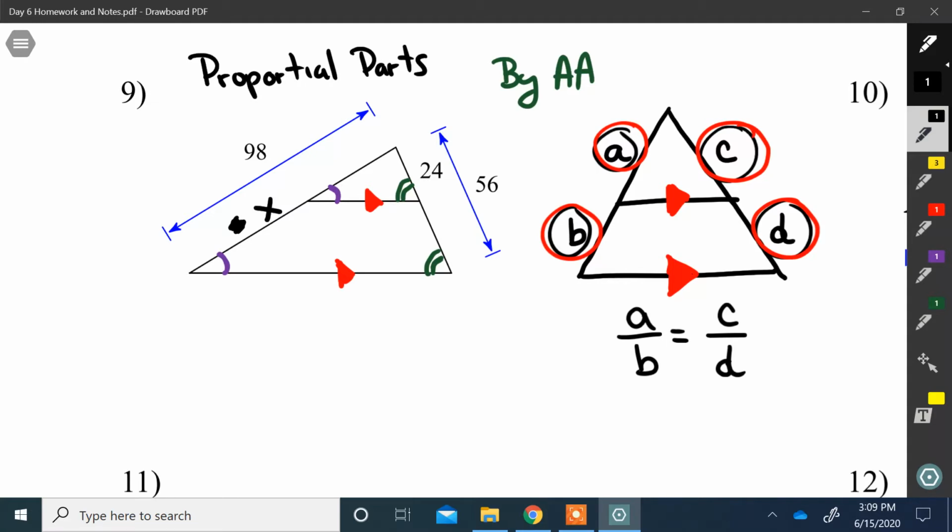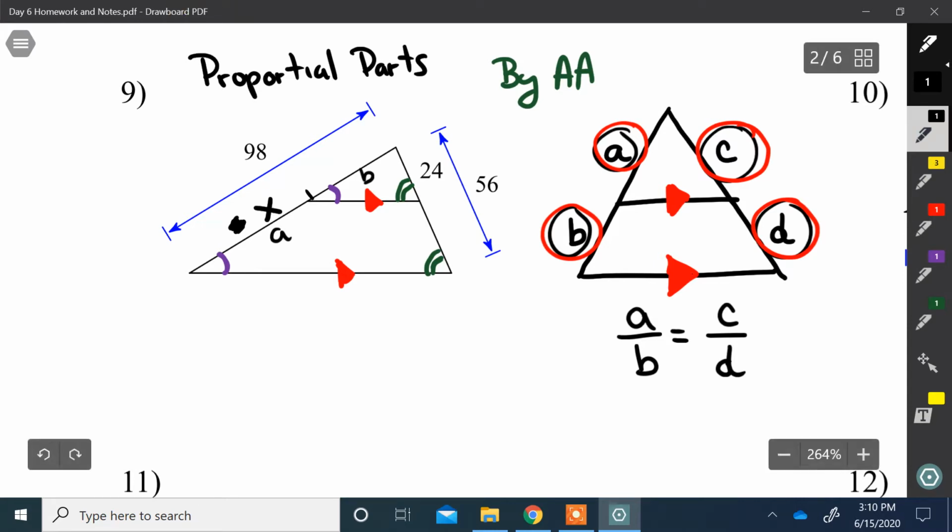So the A in this case is X. The B, we don't know what that is, we have to figure out what it is, but it's not very difficult to get.